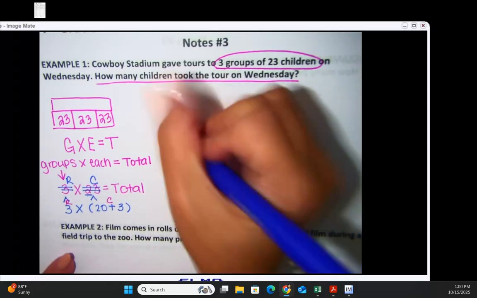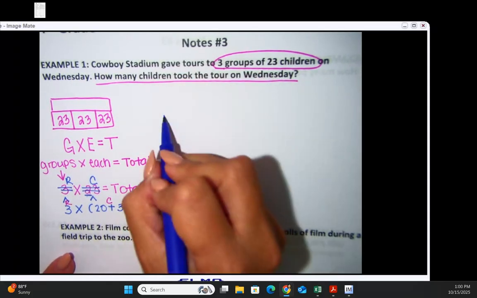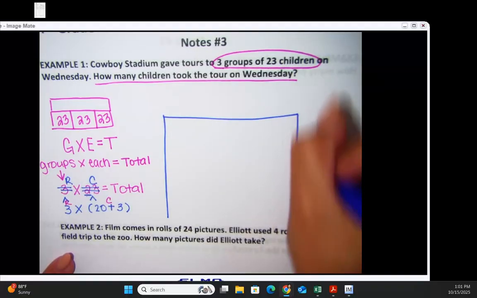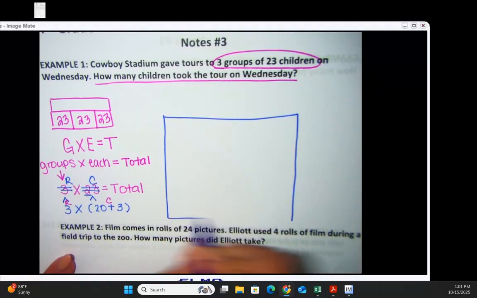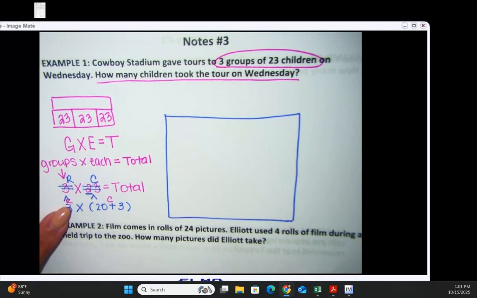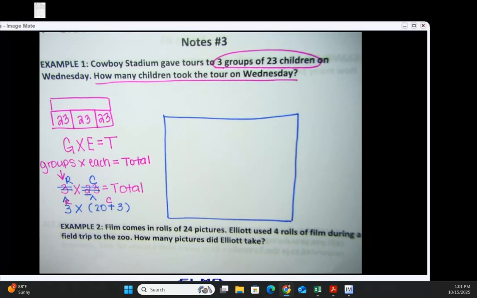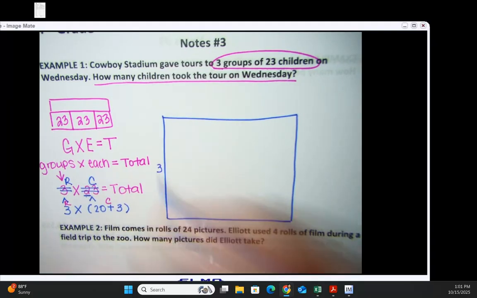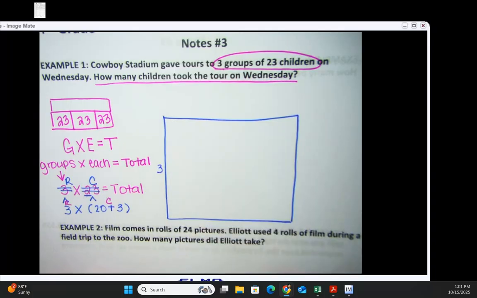Now I can draw my area model. And if you run out of space while you're copying this, boys and girls, let's be problem solvers and get a grid paper. So, the 3, that's my rows. Where am I going to put the 3? On the left. I'm going to put it on the left because my rows go on the side.